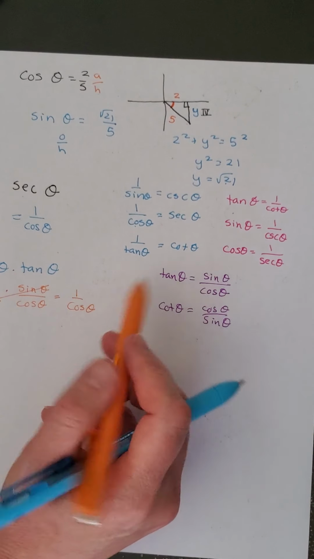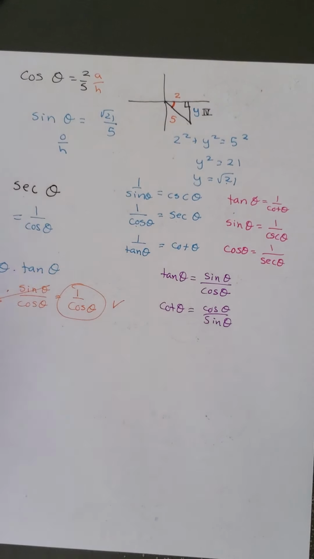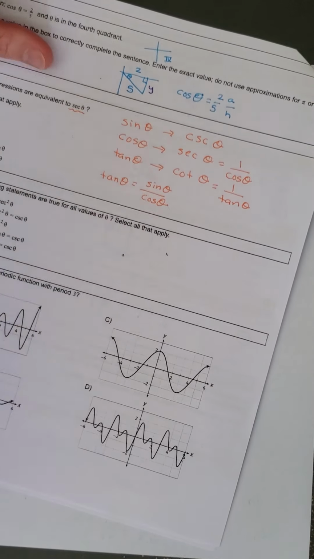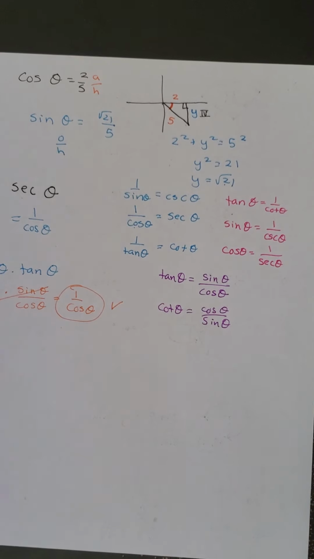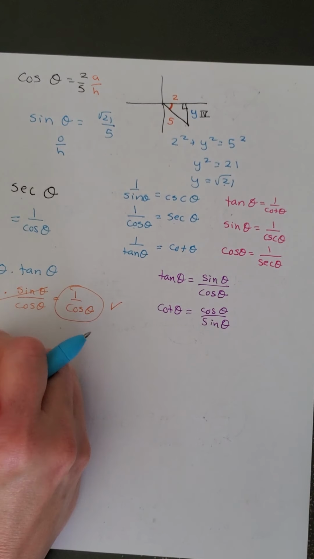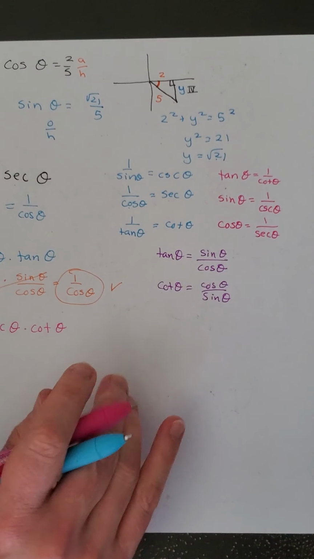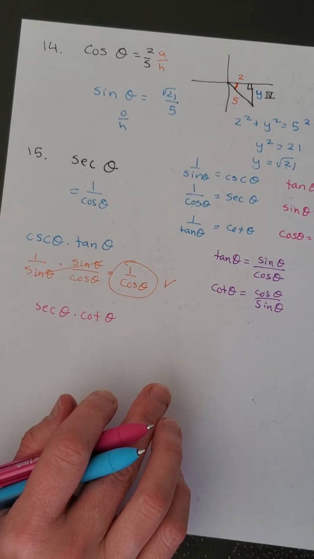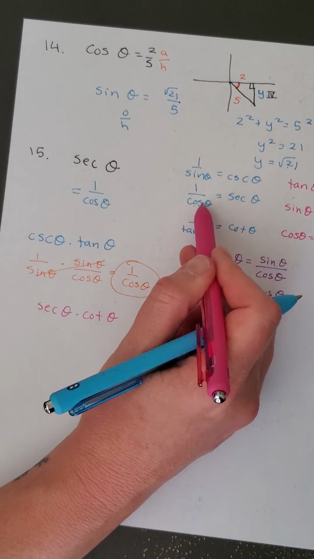And 1 over cosine is secant theta, so this one is true. Then we have to verify the last one. Don't be lazy. We don't want to just assume it's not true. So we have secant theta times cotangent theta, and I'm verifying whether this one might be true. Secant theta is 1 over cosine.